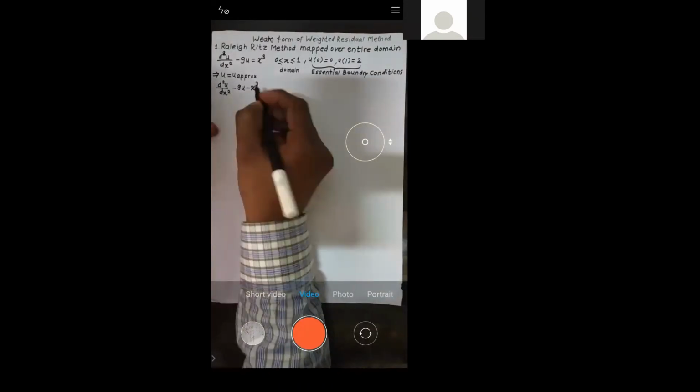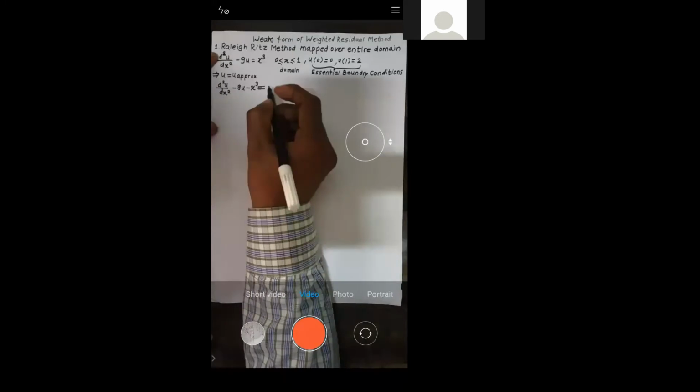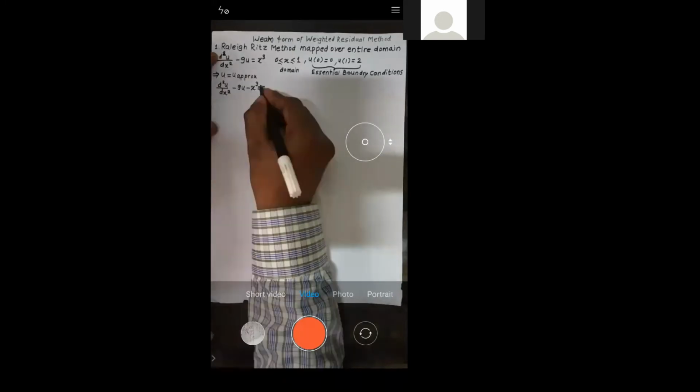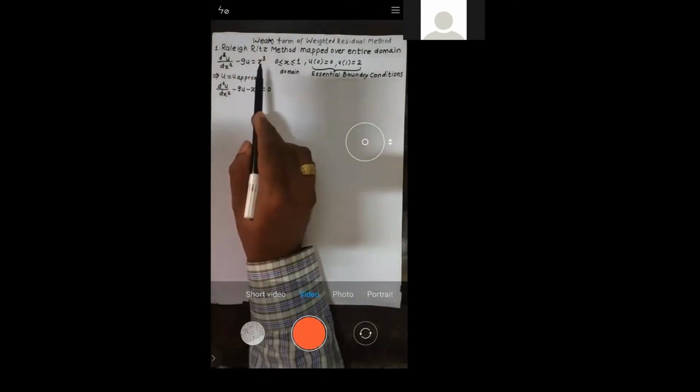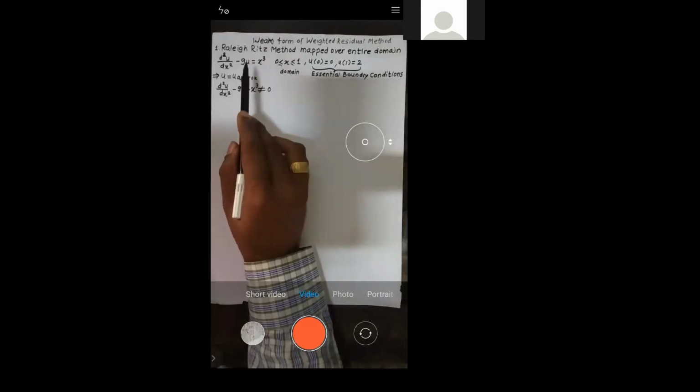But whenever I take its solution as an approximate solution, my right hand side will not be equal to 0. Are you able to get this one? If I take this x cube on the left hand side, it becomes minus x cube and the right hand side should be equal to 0.